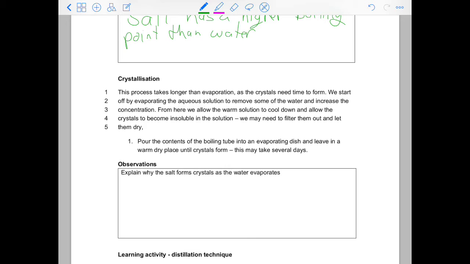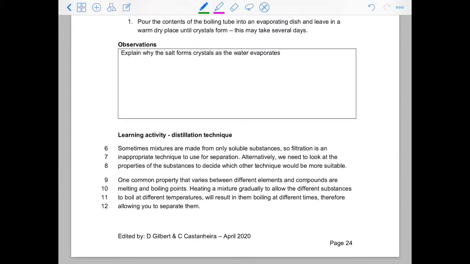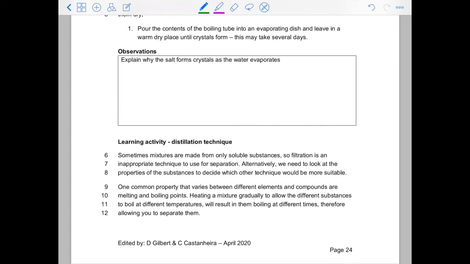It would look more like the salt that you get in large rock crystals, if you have the fancy salt from the shops. This is something that you would have a hard time doing at home, and so it's not something that I would suggest you do.